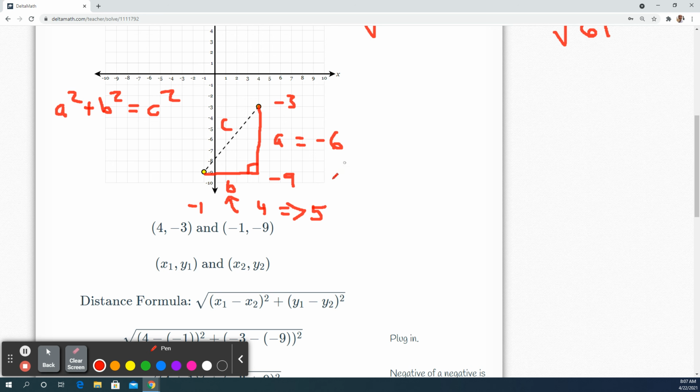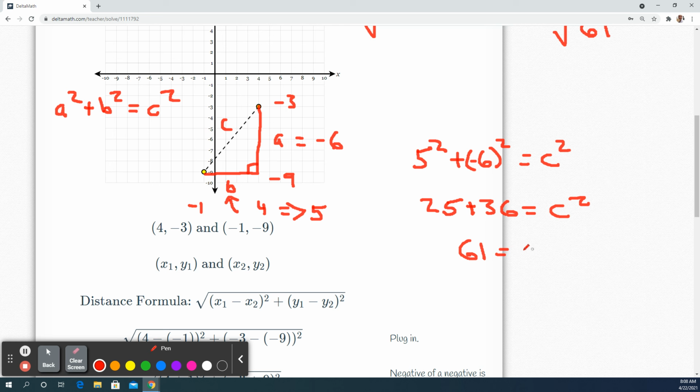So then we would go ahead and just plug those in. 5 squared plus -6 squared equals C squared. Since these are being squared, if you have trouble with the negatives or the positives, then it gets kind of absorbed here, so that'd be okay too. That'd be your 25 plus 36 again. That would be your 61.